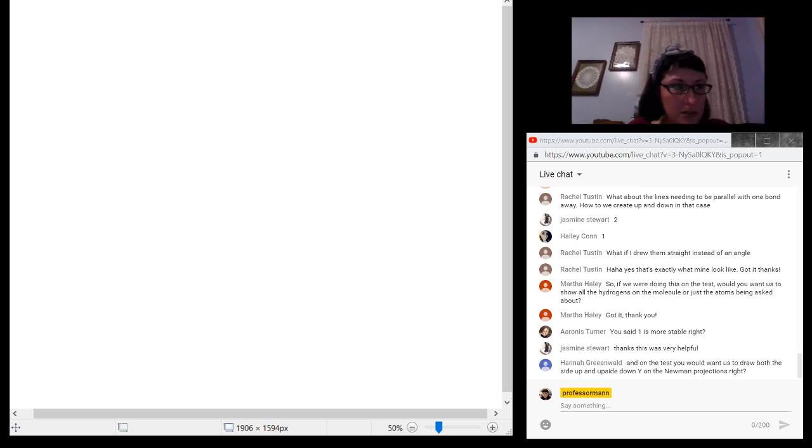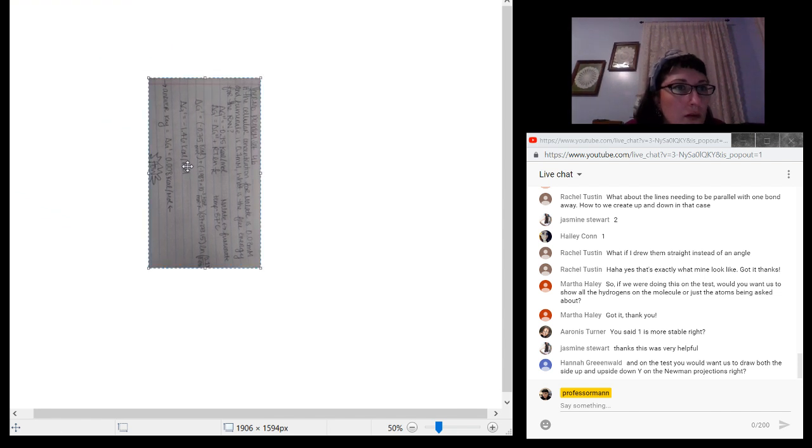Snipping tool. No. Can I not rotate in here?